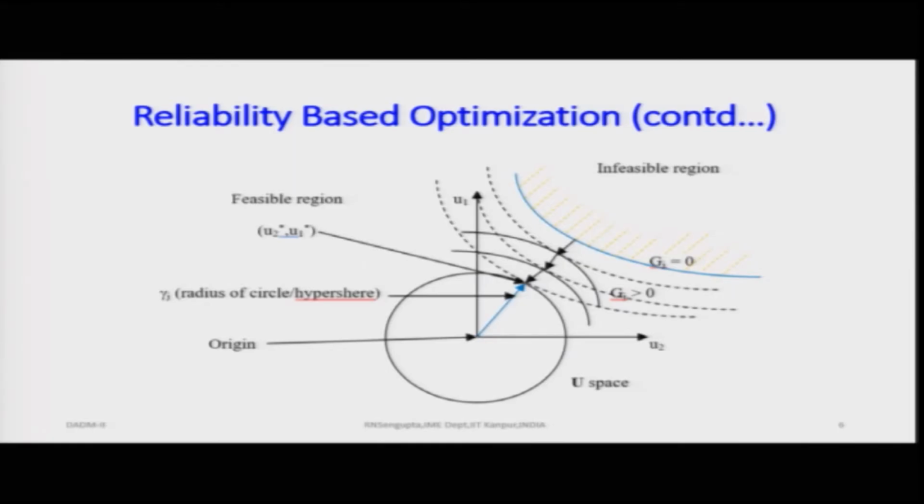So, consider the feasible region is given, and you are considering that the feasible region is bounded by one of the constraints which is Gj, and consider that Gj is equal to beta Bj or is equal to 0, because if you bring B onto the left side, the right hand side is 0. Now, in the other room you have mapped the constraints into G1 and G2, where now the random variables are u1 and u2, and you basically have a sphere.